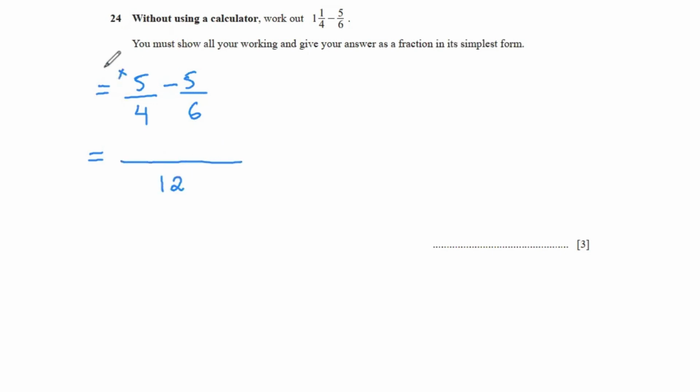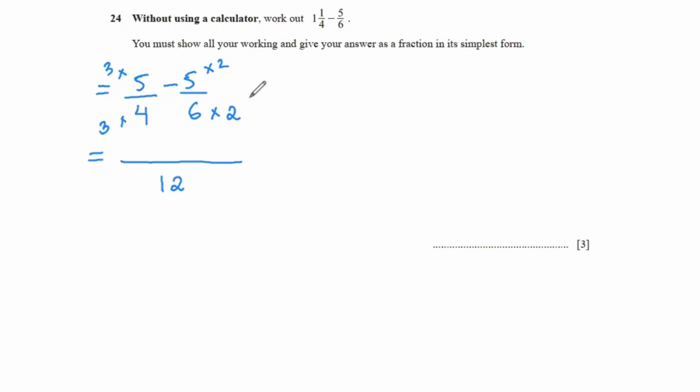So that means we multiply the first fraction by 3 and the second fraction by 2. The reason why we're multiplying these fractions by 3 and 2 is because we changed the denominator. The denominator is 12. 4 becomes 12 by being multiplied by 3. So if we're multiplying 4 by 3, we have to multiply 5 by 3 as well.